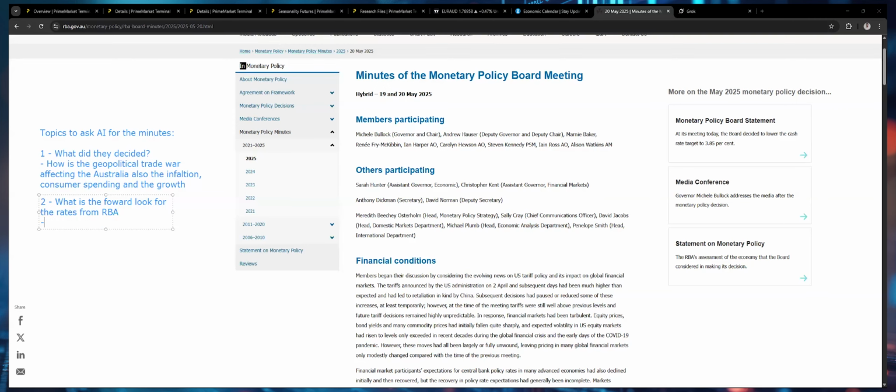Right afterwards, you can ask, how is the forward guidance being made? Explain to me in a dovish, neutral, or hawkish sense. Also, are they more data dependent, or do they lean towards one side?